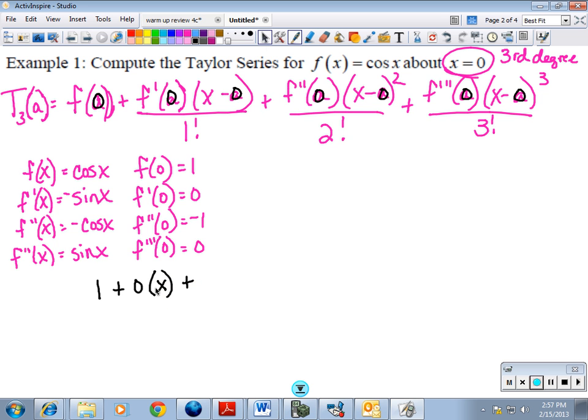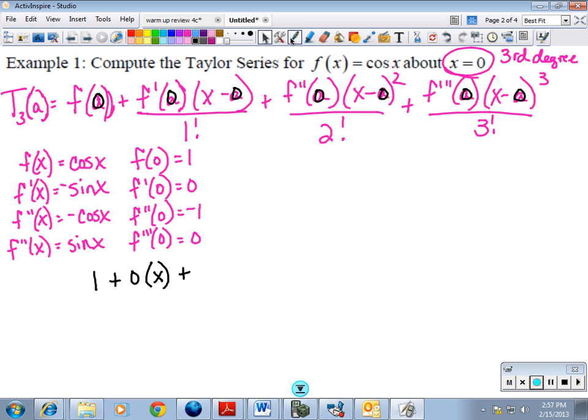And I know why I wanted to go to the fourth term, because we're going to go back and grab the fourth derivative. Just to get us one more term, because some of these fall away, and that'll be a positive 1.